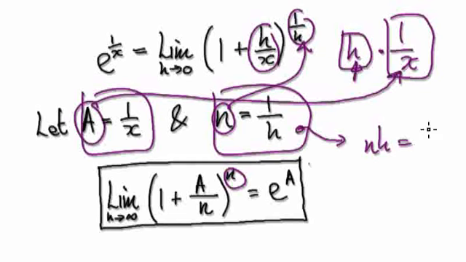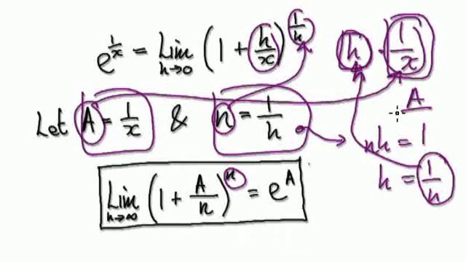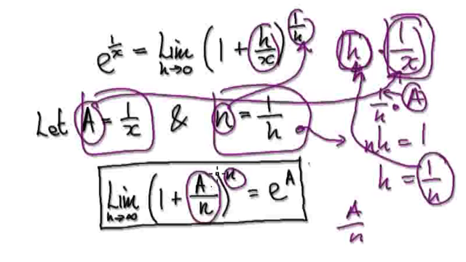Don't forget h is 1 over n here. So we can put this into here. So this is your a. And then this h here is 1 over n. This h is times 1 over n, which gets multiplied to the top, a over n, which is this a over n here.